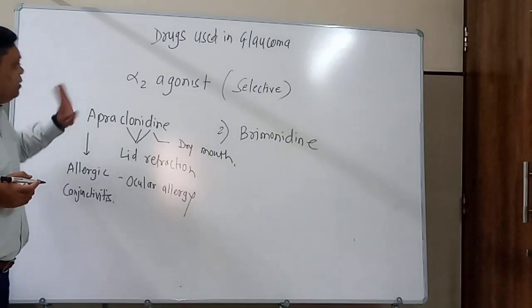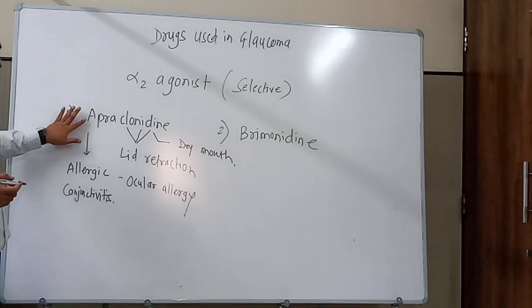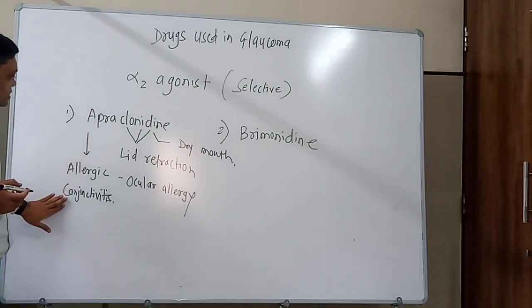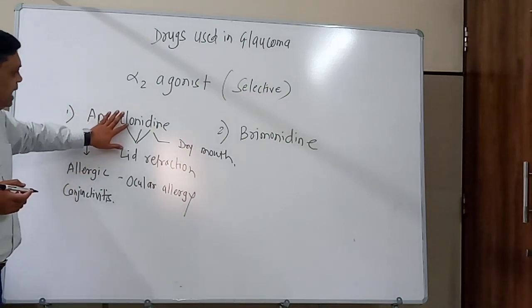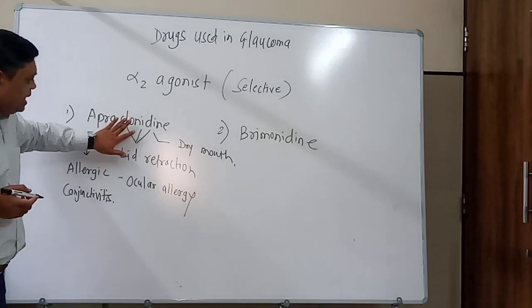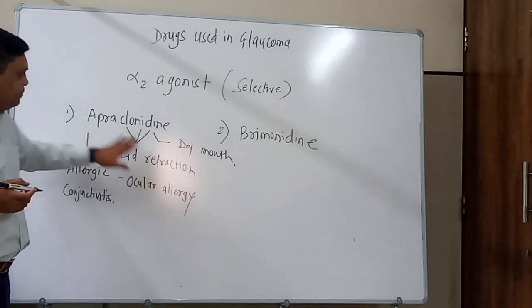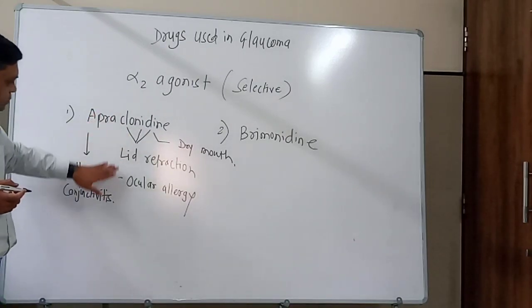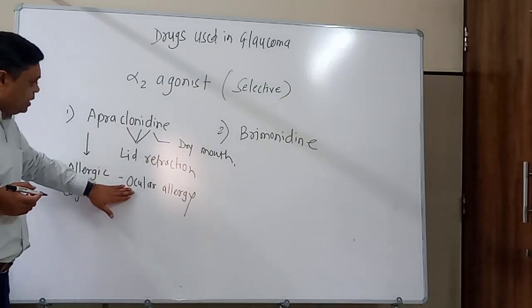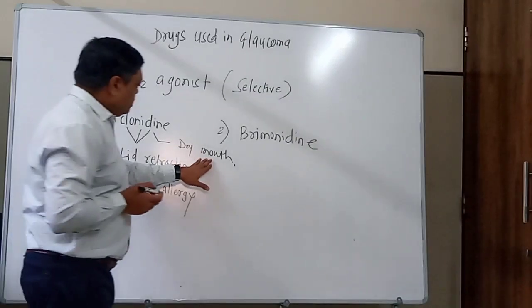Apraclonidine, selective alpha 2 agonist: A for allergic conjunctivitis, LID is for lid retraction, O for ocular allergy, D for dry mouth.